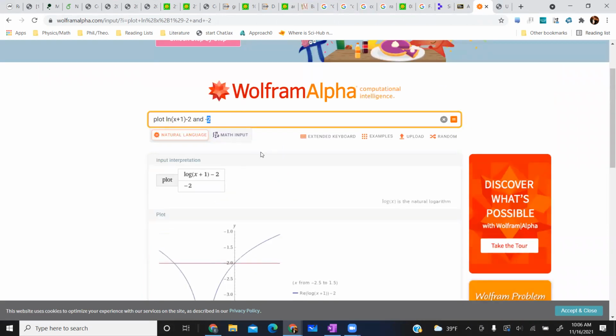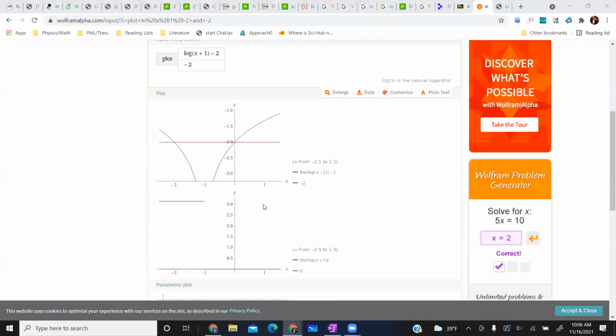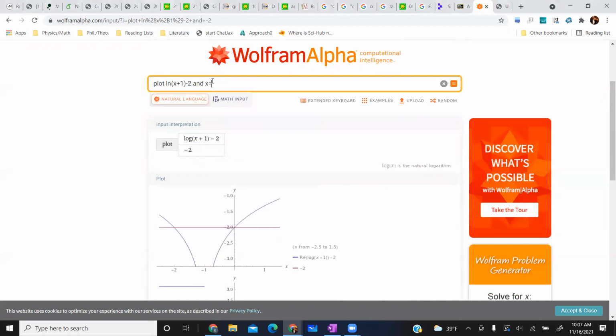Huh. Let me look up how to plot a vertical line. Try that again.